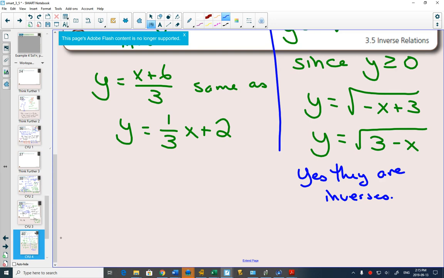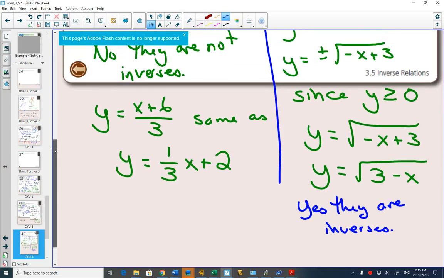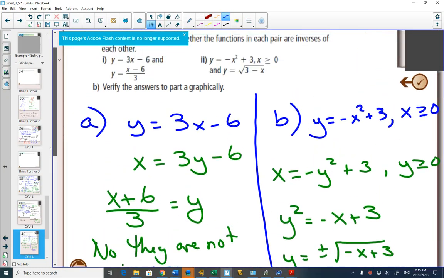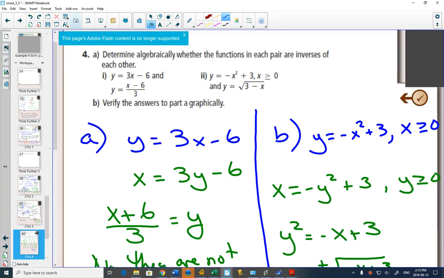It says verify your answers graphically. So I'm just going to scroll up here, start this on a new page.